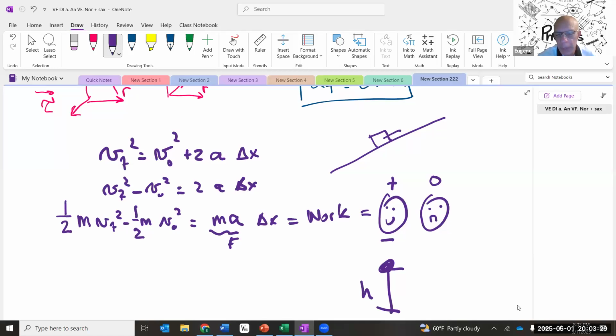The object has a force, that is its weight, let's say W. Now, the potential energy is going to be W times H, but W is mg. So the potential energy is going to be mgh.